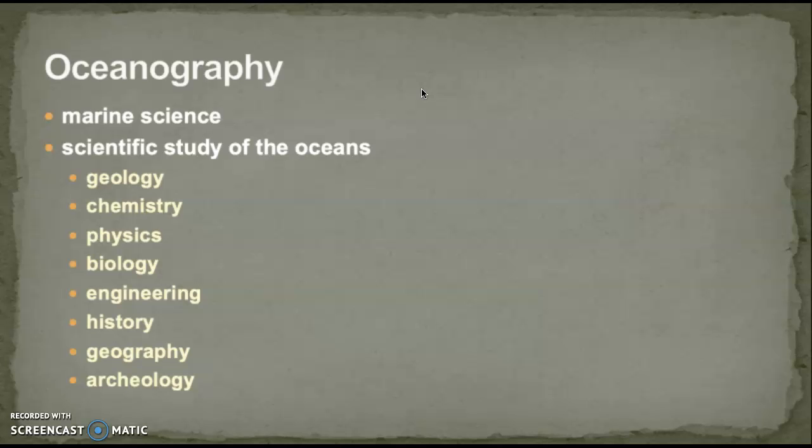We'll talk about the chemistry and the physics of seawater, very important aspects of oceanography. And at the end of the semester, we're going to talk about life in the ocean, so marine biology, and that's another aspect of oceanography. Here at the beginning of the semester, we'll talk a little bit about the history of marine science and a little bit about archaeology that occurs in the ocean.